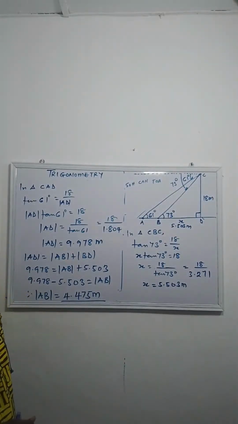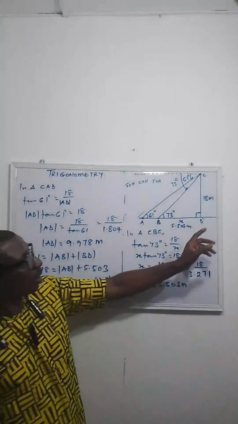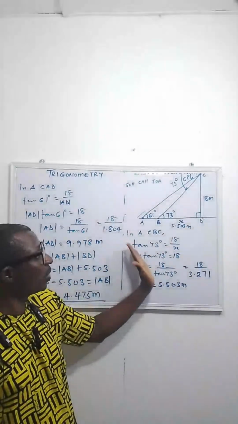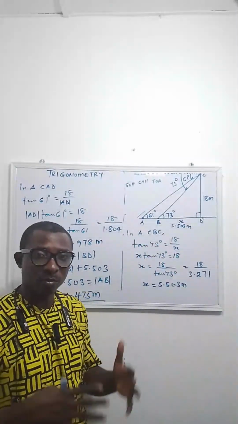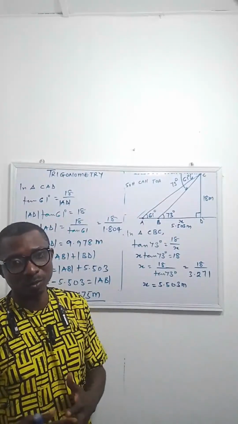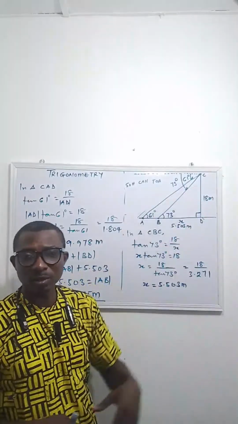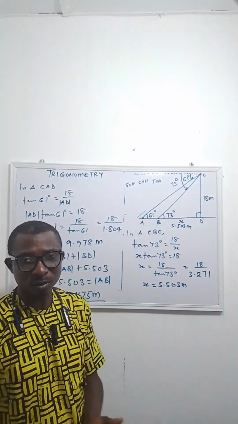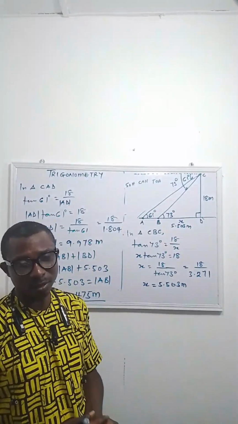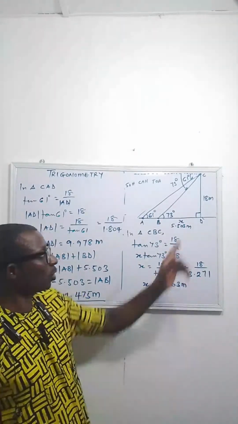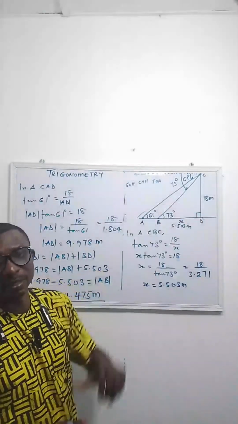Another thing you need to pay attention to is this angle. We have a right angle, because your trigonometrical ratio is based on a right angle triangle. So if you are solving a problem on a triangle that is not a right angle triangle, that means you cannot be using a trig ratio. So it must be a right angle triangle, and it must be specified in the diagram.